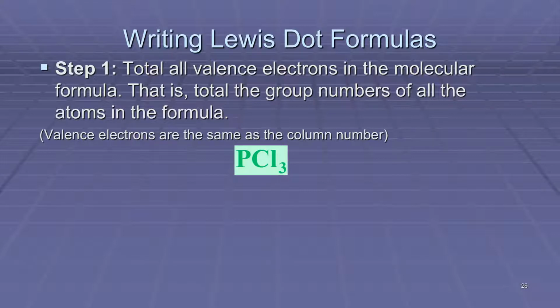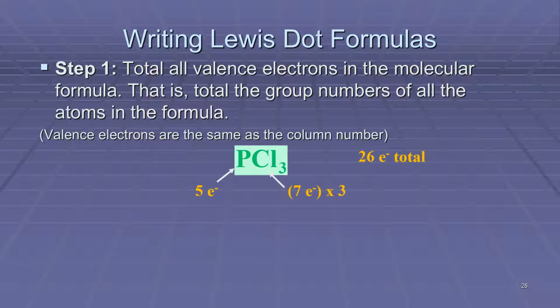The easiest way to do this is to look at the A group numbers. The valence electrons are the same as the A column numbers. For example, phosphorus is in column 5A, so it has 5 valence electrons. And each chlorine, because chlorine's in group 7A, has 7.